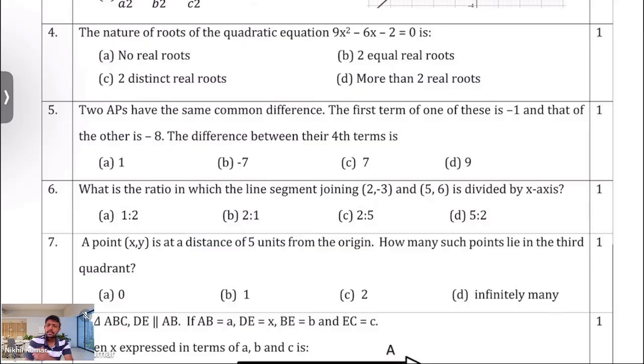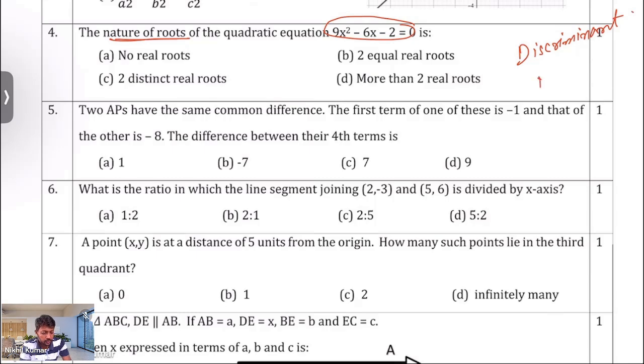Okay, so let's come to the fourth question now. What do we have to find out? We have to figure out what is the nature of roots of this quadratic equation. To figure out the nature of roots, the thing we need to look at is the discriminant. I'm sure you all know what discriminant is.